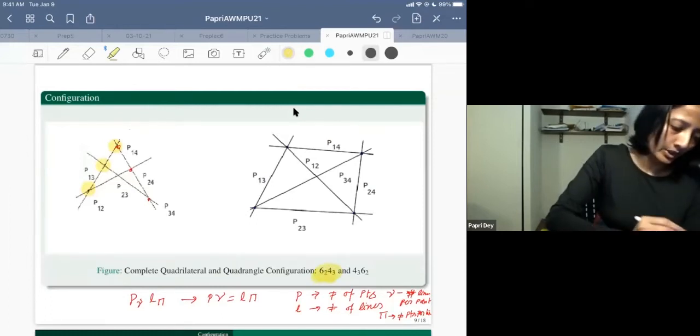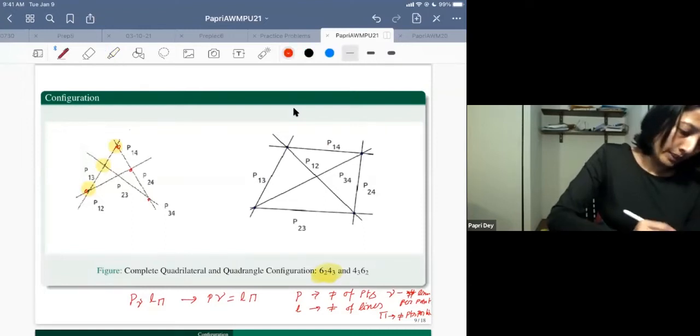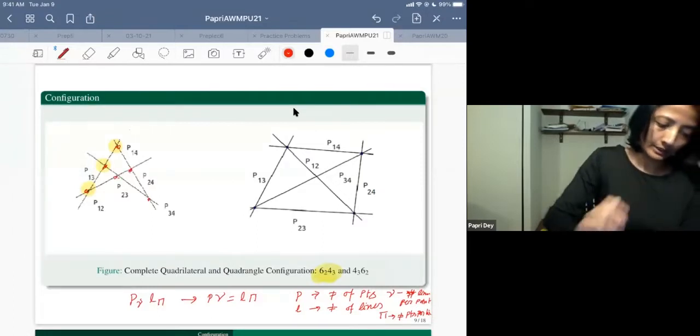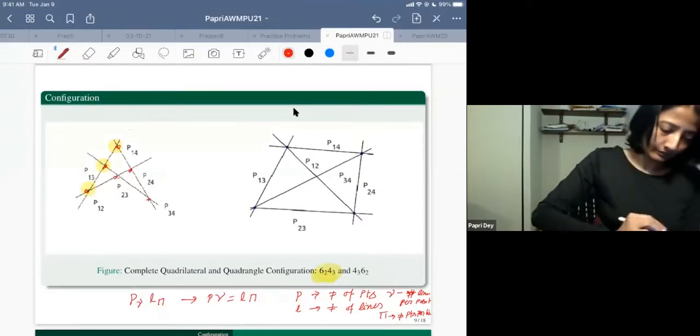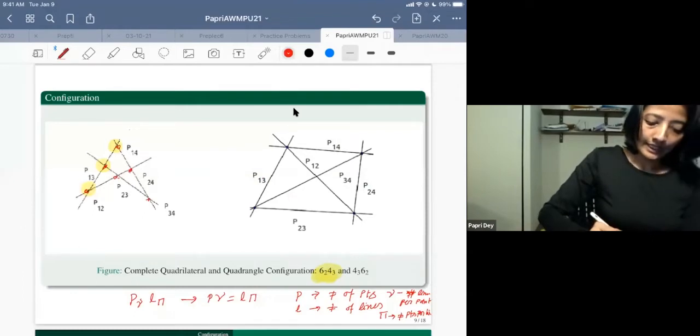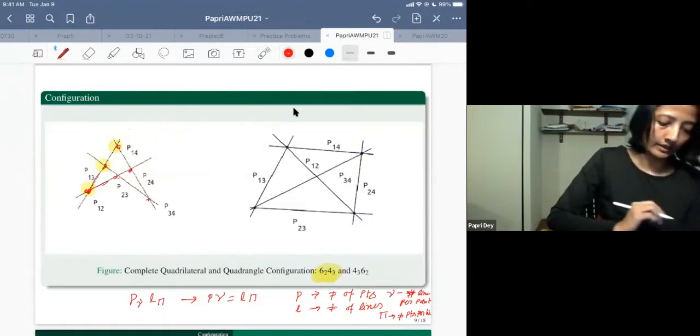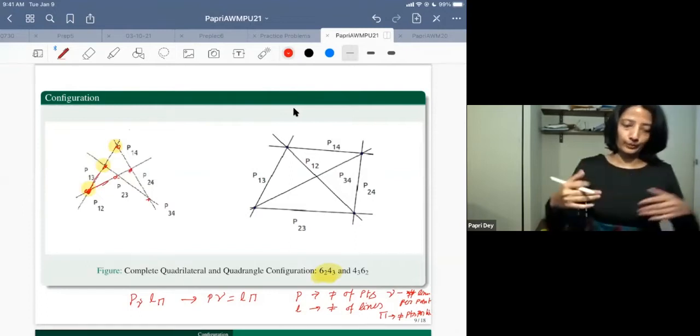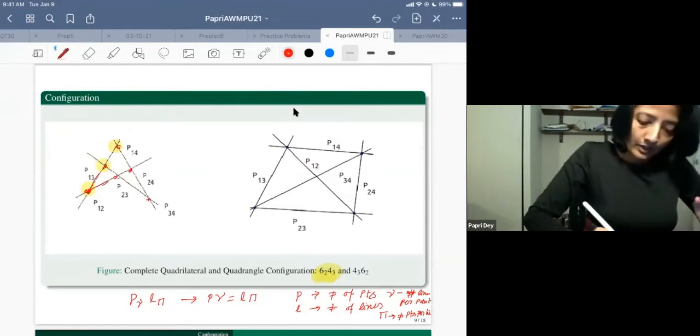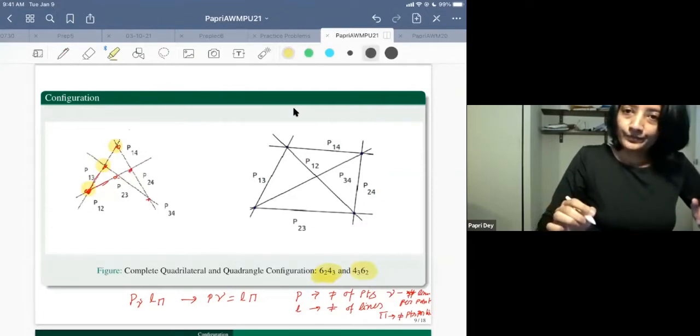We do have 6 points, which are P1,2, P1,3, P1,4, P2,3, and so on, 6 points, 4 lines. And in each, you have 2 lines per point. So P1,2, if you look at, then you see that 2 lines are intersecting at P1,2. And in this picture, it's just the dual, 4, 3, 6, 2.